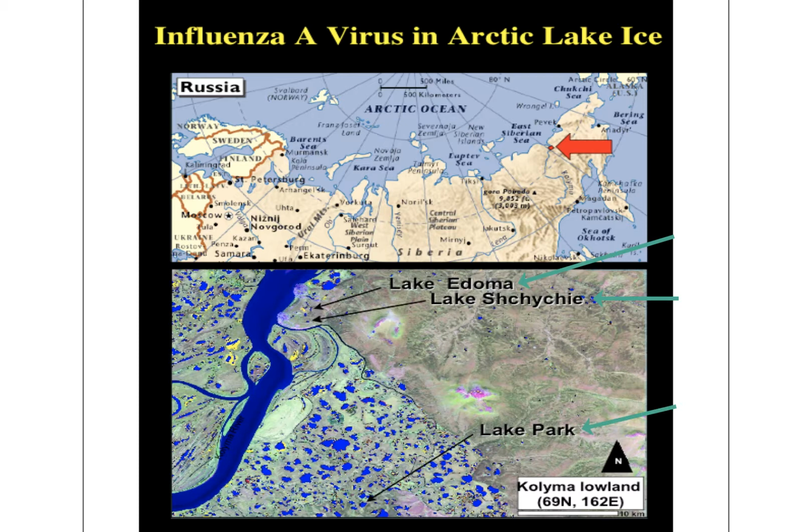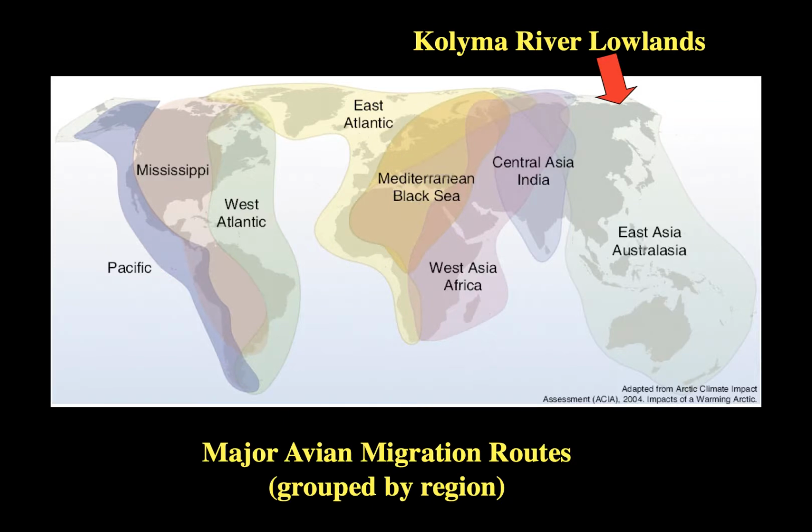Both Lake Adoma and Lake Shichichi are close to human habitation, and so the birds usually don't stay there very long, and they don't reproduce as much, whereas Lake Park is very remote, and there's a lot of young chicks around there, so they reproduce to a much greater extent around Lake Park. This location is interesting because it coincides with several bird migratory routes, the East Asia as well as the Pacific routes.